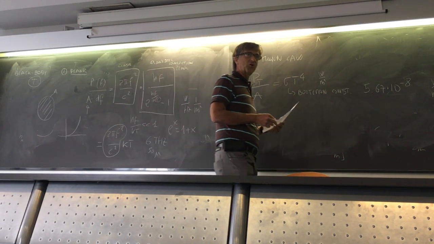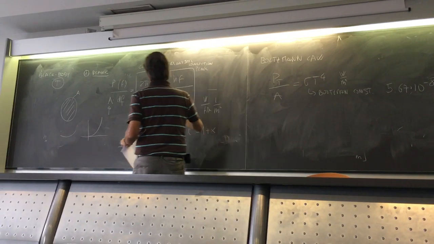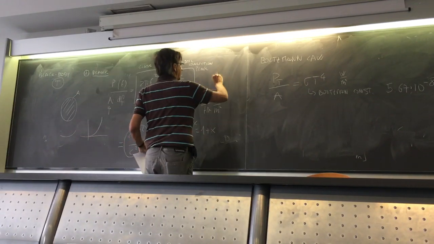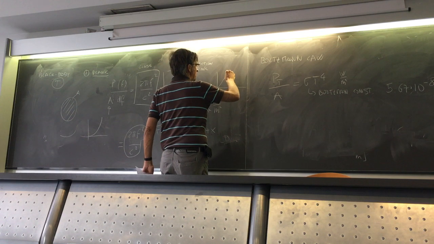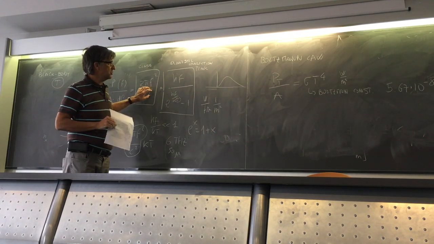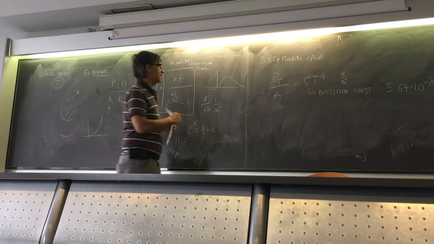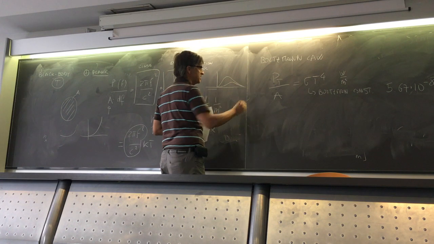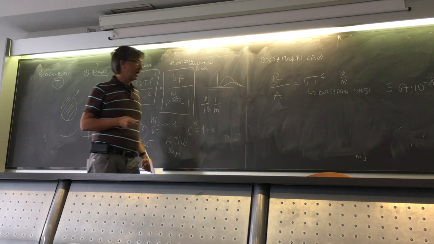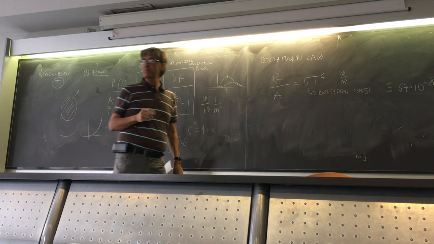And there is another law that is very simple that says, since this is a completely determined equation that depends only on the temperature, if you change the temperature, the equation changes. Then it means that you have a maximum of emission.